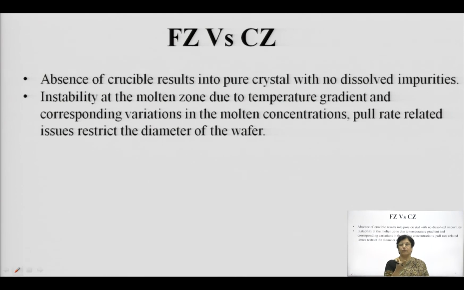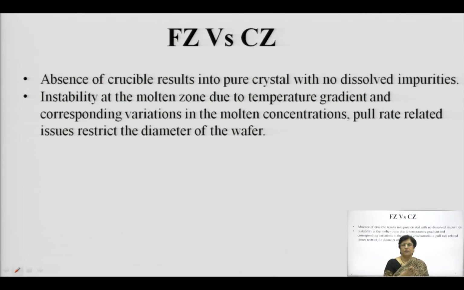The solid area is decided by the segregation coefficient, and the interface between the solid seed crystal and the molten silicon has to be very precise, with uniformity in the contact surface. The rate at which solidification happens will define the seed crystal pulling rate.